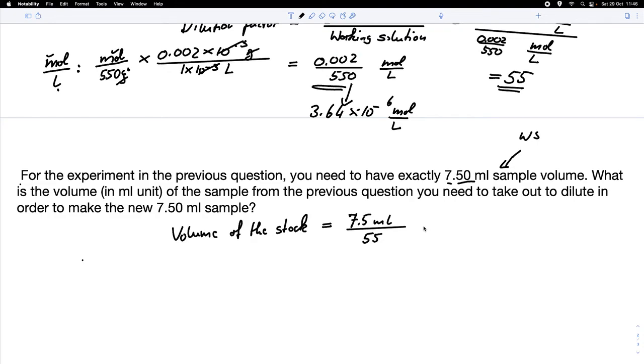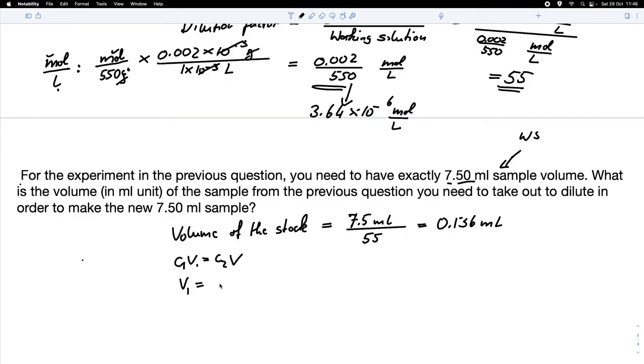So that gives us 7.5 milliliter divided by 55. And if I've done that correctly, that should give us 0.136 milliliter of the volume of the stock solution. And this basically is an application of the equation C1V1 equals C2V2. We are looking here for the V1.